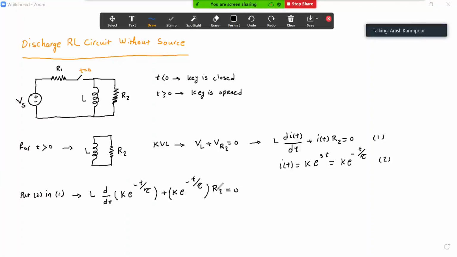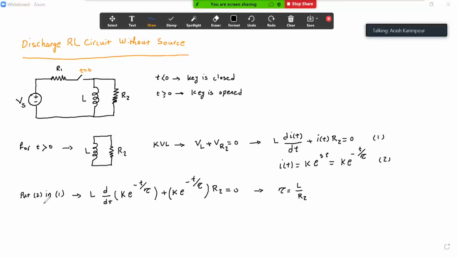So if you do this equation and solve it, eventually tau is going to come out as L over R2.